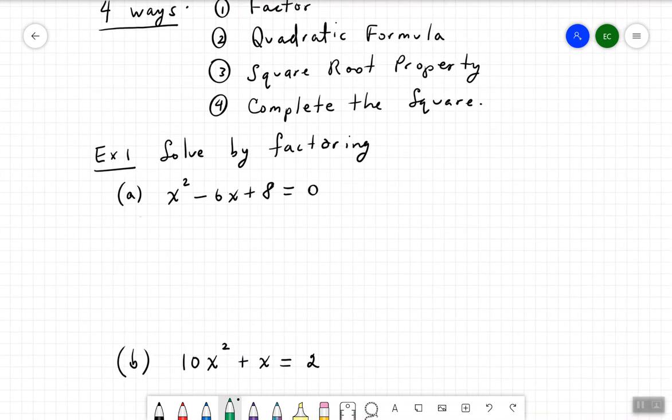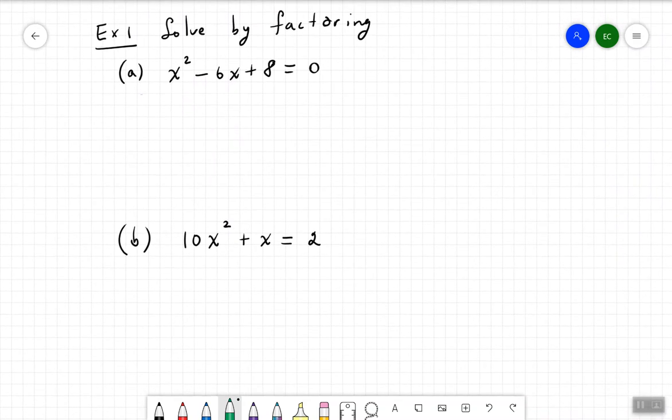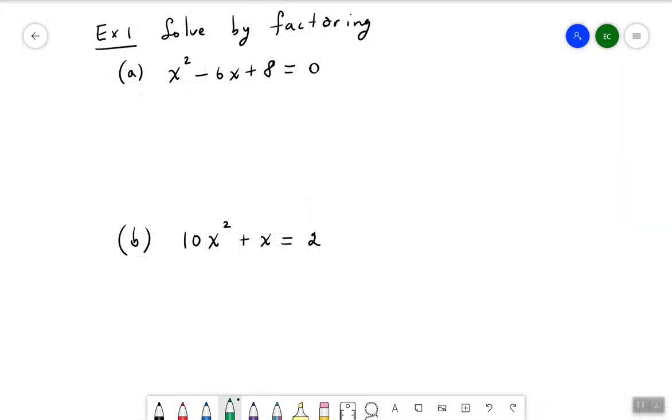Okay, let's get on to this first method. It's to solve by factoring. I have a couple examples written out here. Hopefully some of this is review for you. We'll go pretty quickly through the method of solving by factoring. What we have here is the x squared term, x to the first, and a constant, and then we have the whole thing set equal to 0.